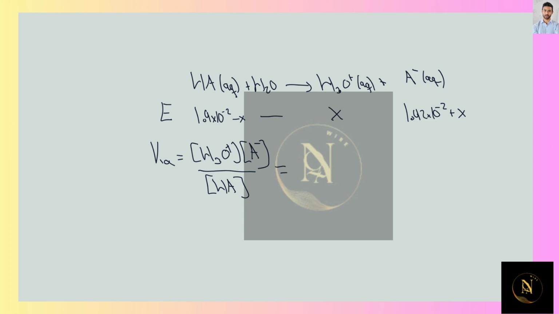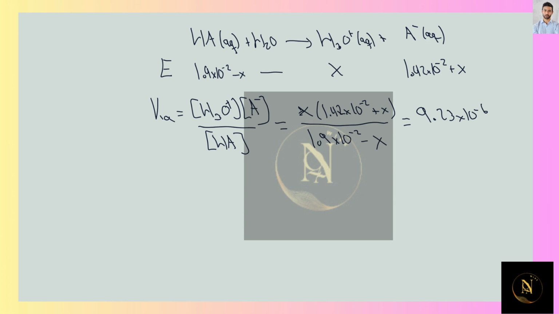This becomes, replacing the values, x times 1.42 times 10 to the minus 2 plus x divided by 1.91 times 10 to the minus 2 minus x. And we are told that the Ka for this weak acid is equal to 9.23 times 10 to the minus 6. And since this asks you to get both of the roots for x, I'm assuming that you cannot make any approximations in order to get the result.